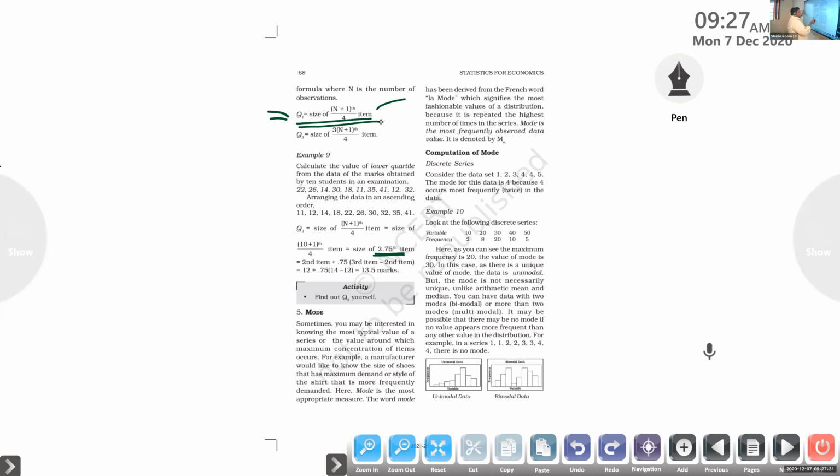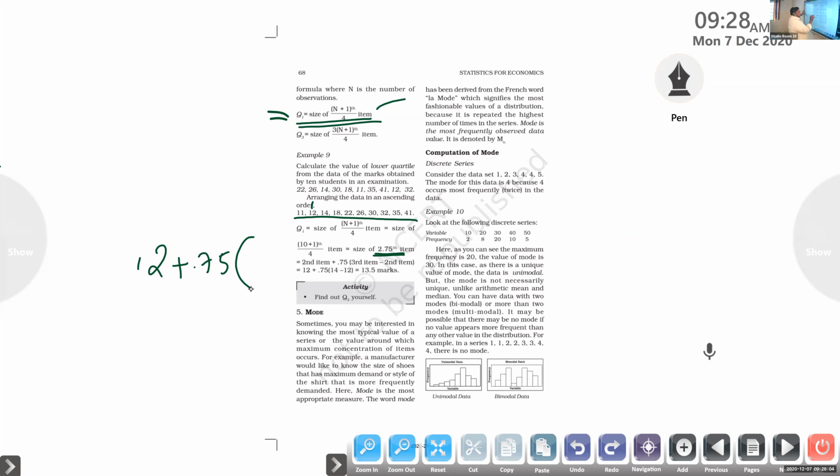We know that no such item exists in this set of data. No 2.75th item exists, but the 2nd item is there, so we go for the second item, 12, plus 0.75. That 0.75 should be multiplied by the third item minus the second item, because the balance goes to the next item.